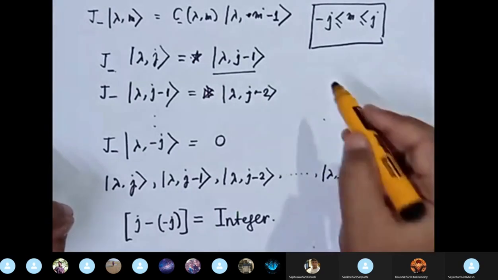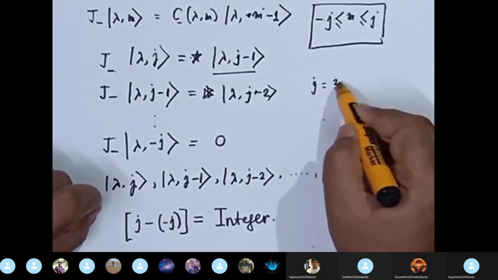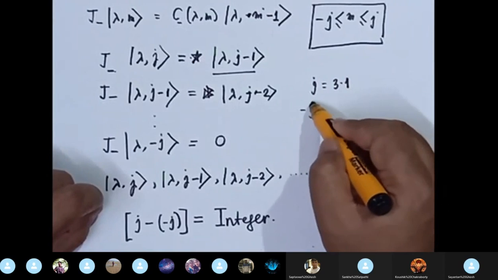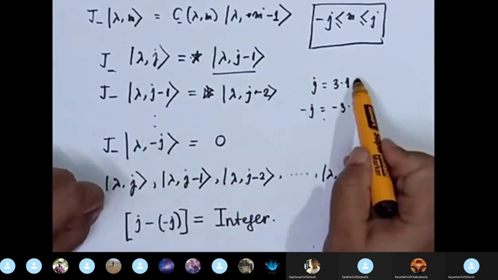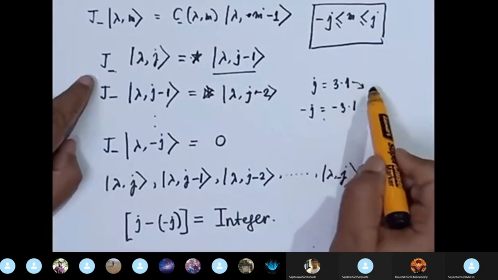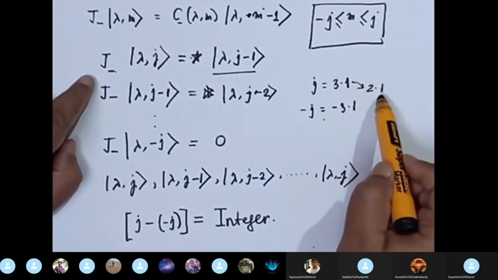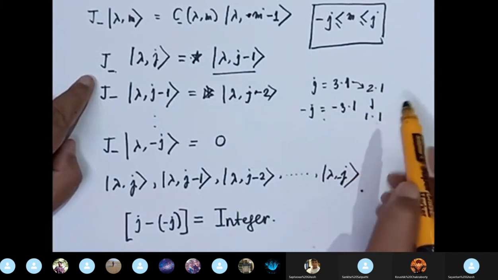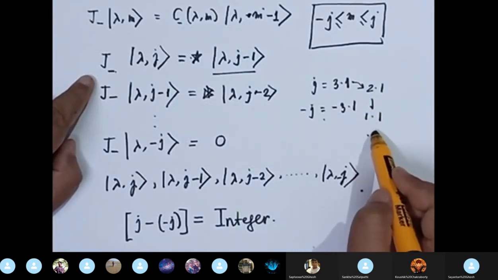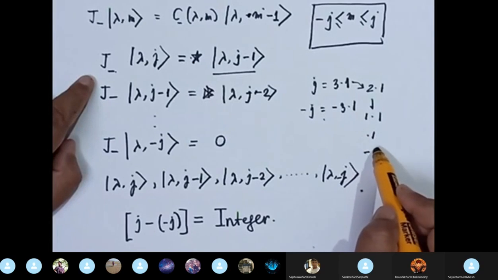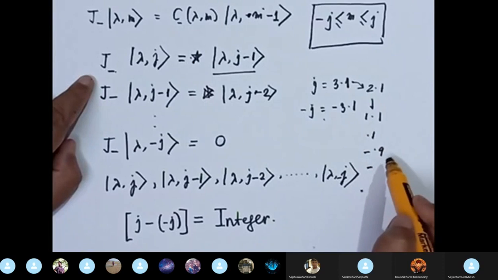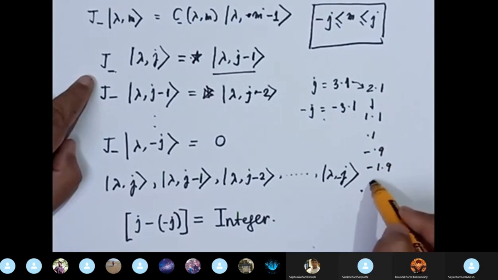Clear? For example, if J is say 3.1, then minus J is minus 3.1. Now if you keep on operating J minus, it will go down by 1 unit, 2.1, then 1.1, then by 1 unit, 0.1, then by 1 unit, minus 0.9, then minus 1.9, minus 2.9, minus 3.9, like that.